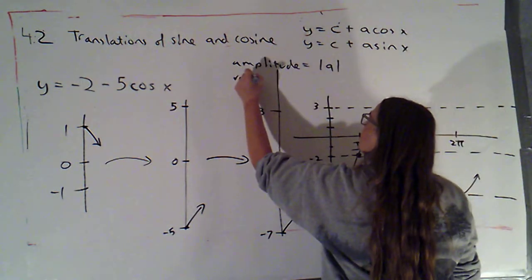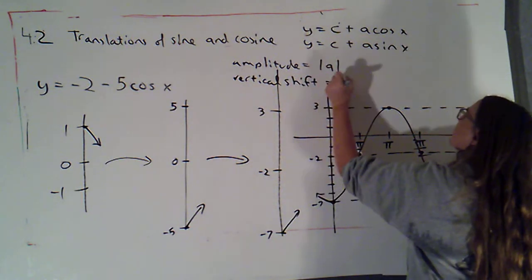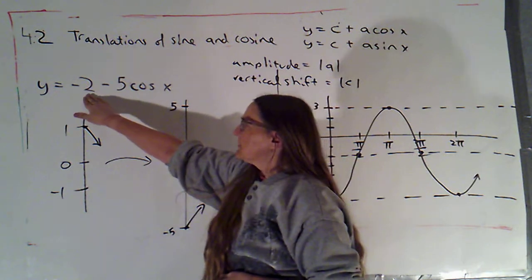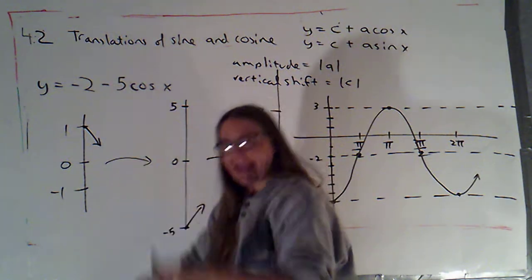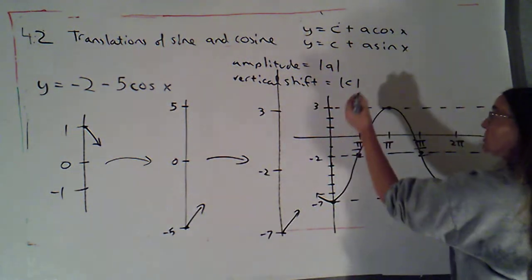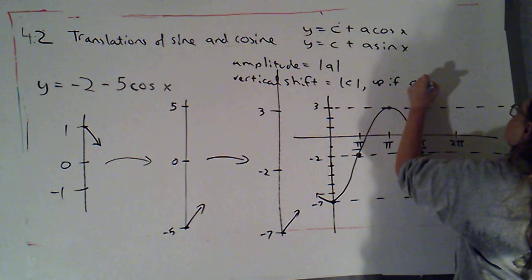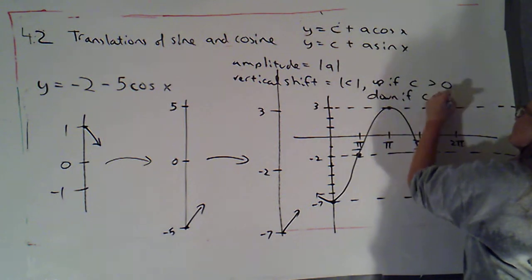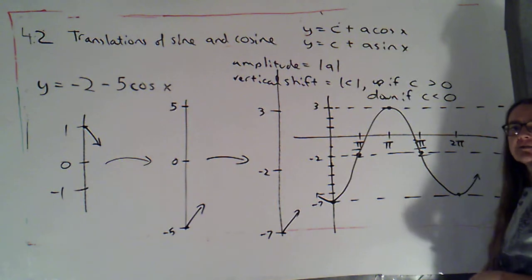The vertical shift is going to be the absolute value of c units. Here, c was -2. We shifted things 2 down. Okay, so we shifted things the absolute value of -2, which is 2. It would be up if c is positive, and down if c is negative. So that sort of summarizes all of our vertical transformations for us.